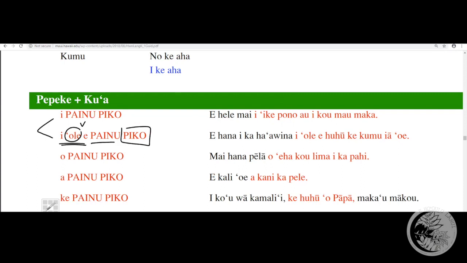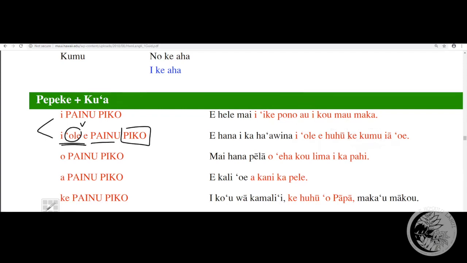So let's look at the example. E hana I kahavina. Do the homework. I ole e. So would not, in order not, as a means not, the teacher be mad at you. In other words, do the homework so the teacher would not be mad. Yeah? Would not be mad at you.